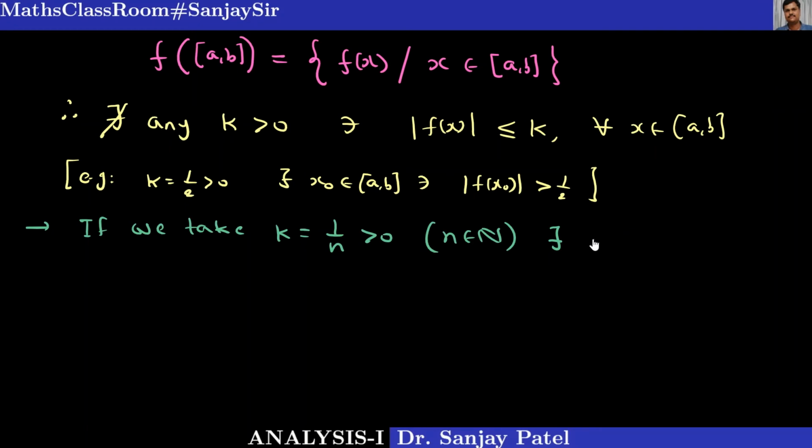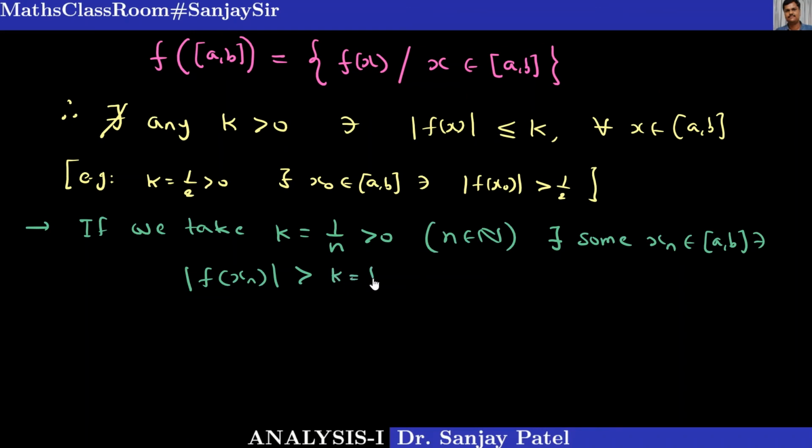So if we take k equal to 1 by n greater than 0, we can always find some point, which I will denote by xn, belonging to the domain closed interval ab such that mod of f of xn is strictly greater than k, that is 1 upon n.